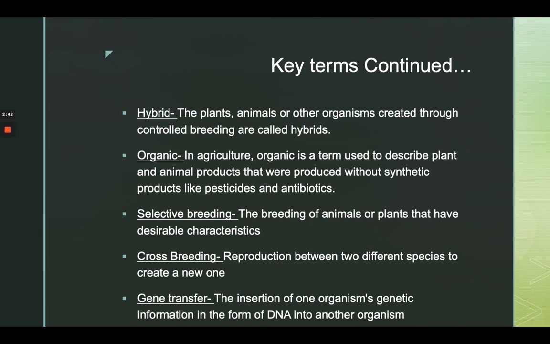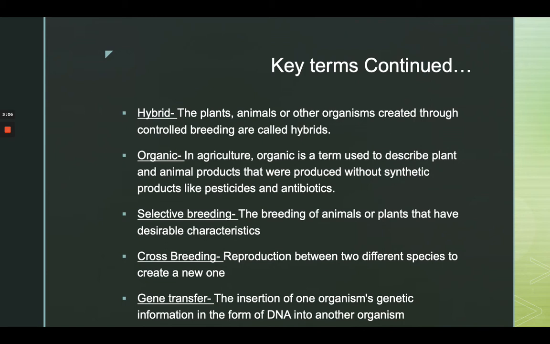Another term to know is organic. In agriculture, organic is a term used to describe plant and animal products that were produced without synthetic products like pesticides and antibiotics. Organic products do not contain genetically modified ingredients, but hybrids can be considered organic.